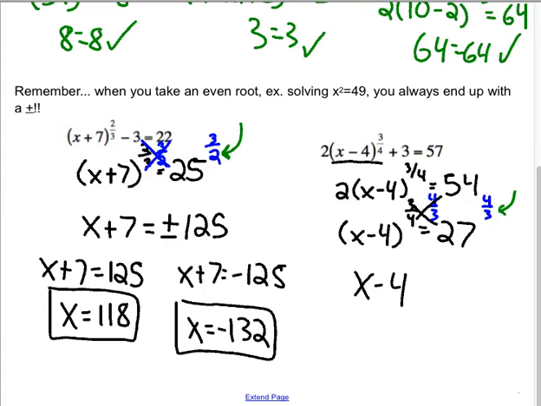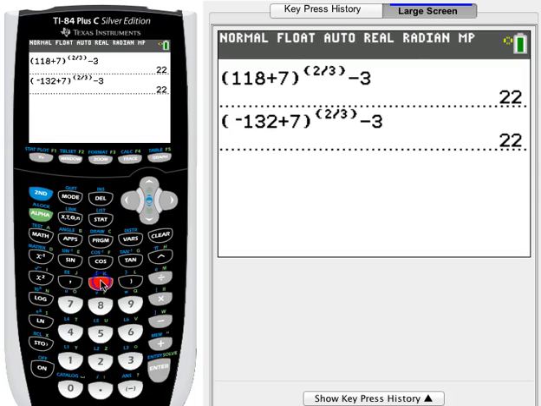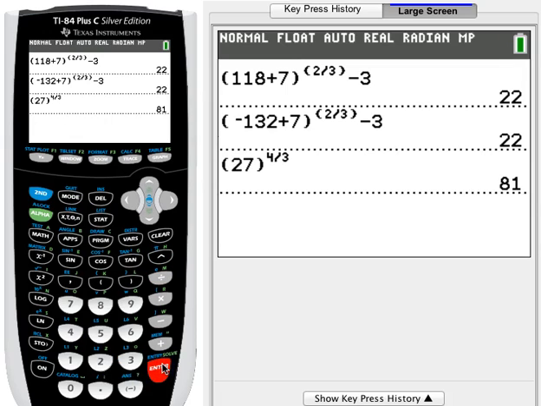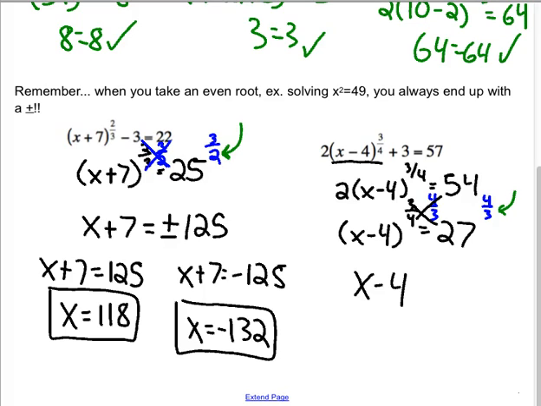So here, again, goes back to those original ones I was doing. This doesn't concern me with the plus and minus. It's only when the root piece of that is even. Okay, so here I'm still good to go. I just take 27 to the, oh, to the 4/3, and I get 81.